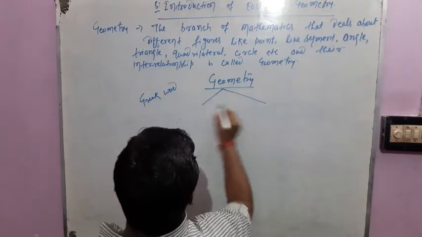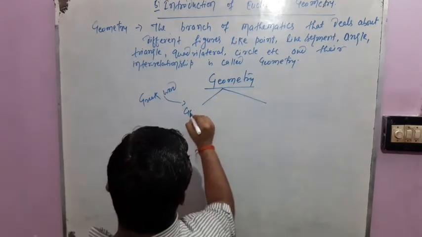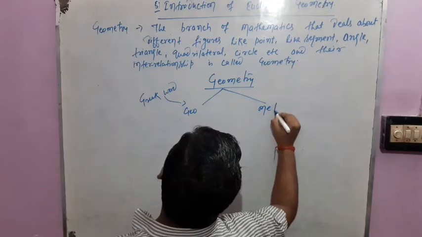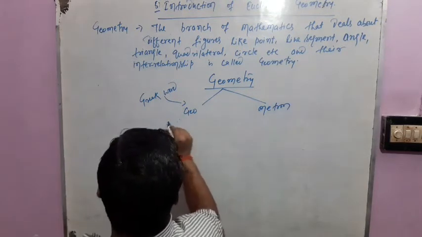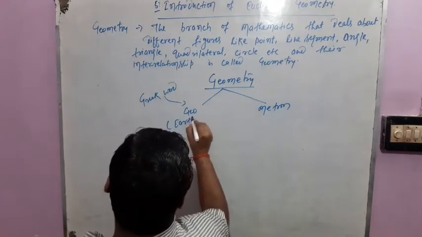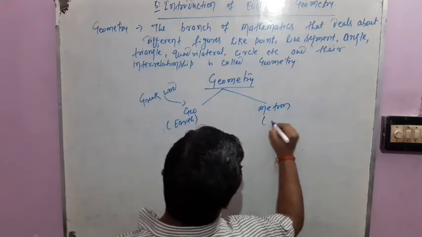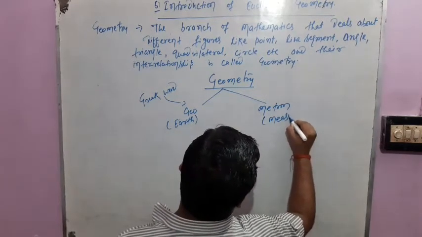It is made of two Greek words, geo and metron. Geo means earth and metron means measurement.